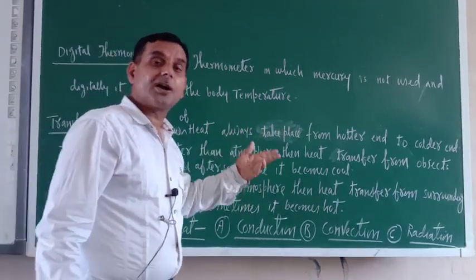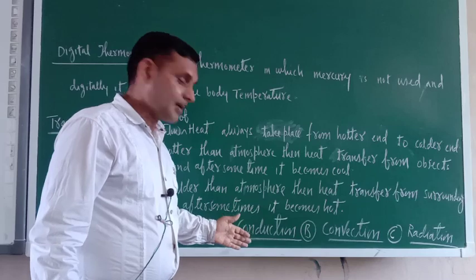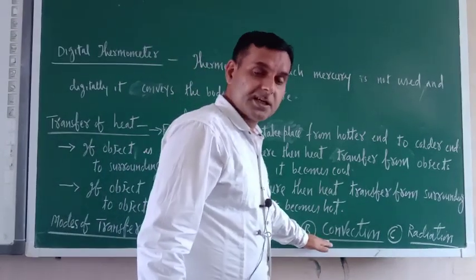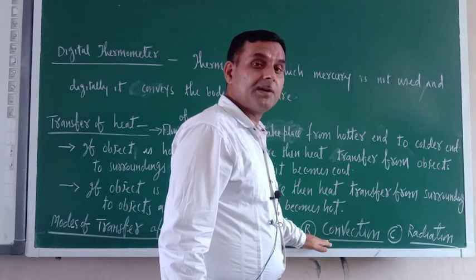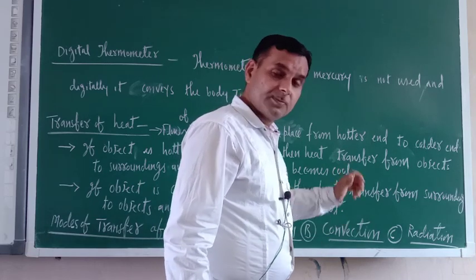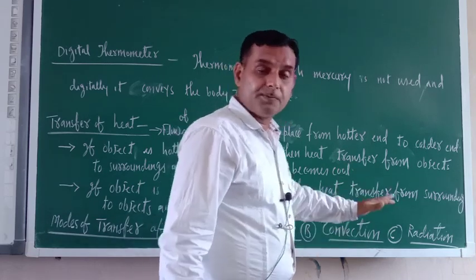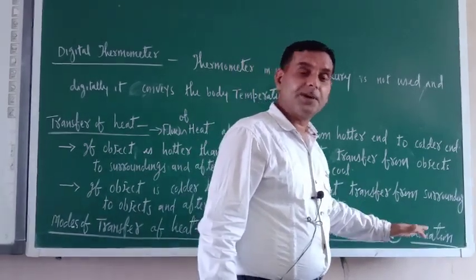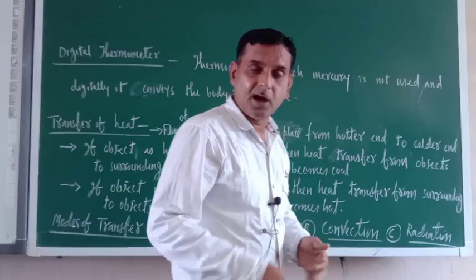If it is in solid form, the mode of transfer of heat will be called conduction. If it is a liquid substance, it will be called convection. If a gaseous substance is there, it is called radiation.